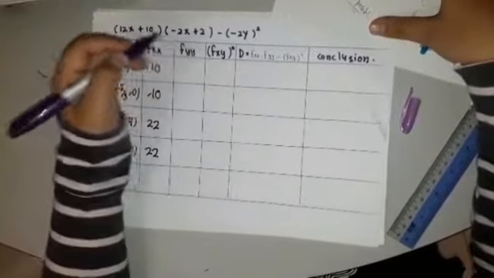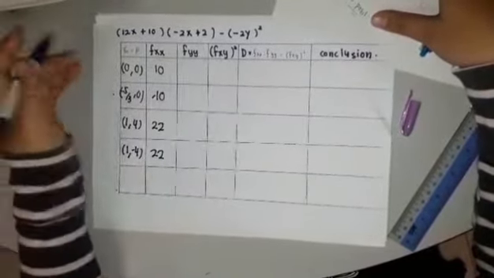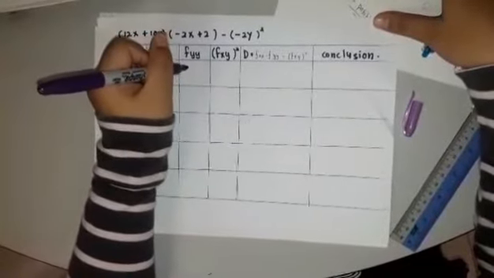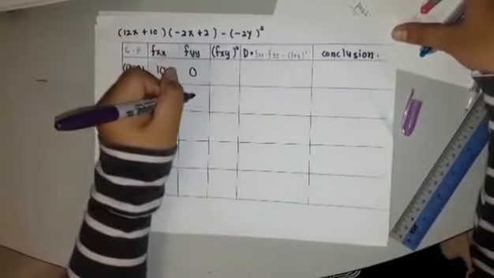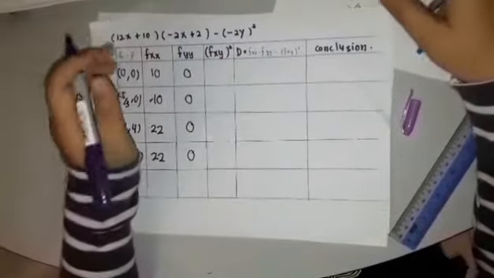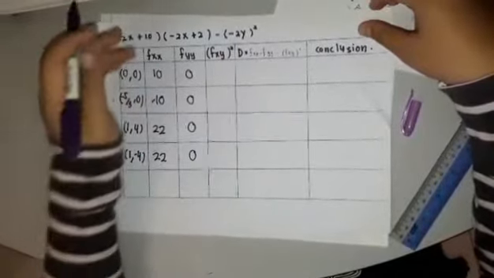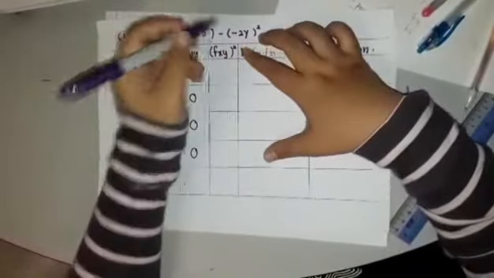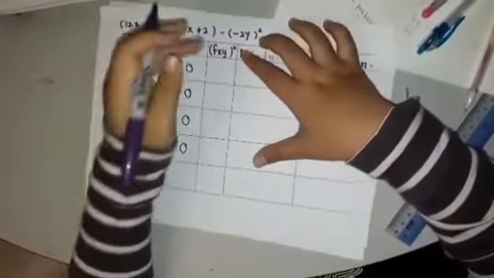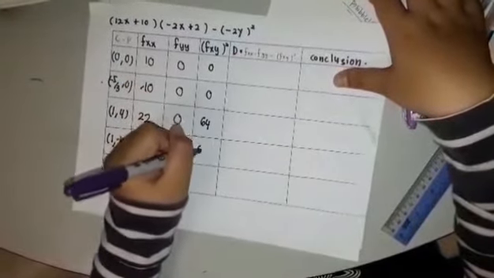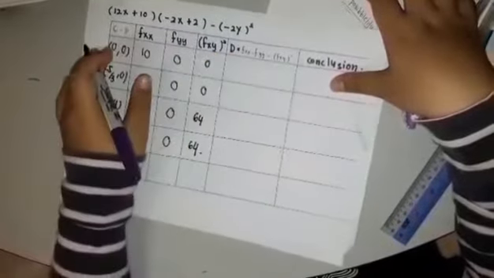Same goes for fyy. We substitute the critical points into the fyy that we got before, and the answers are 0, 0, 0, 0. For the fxy, we substitute the critical points and then square it. So we get the answers 0, 0, 64, and also 64.